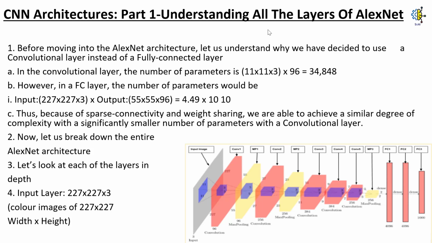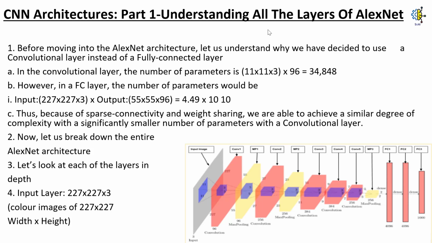However, in a fully connected layer, the number of parameters would be input 227 by 227 by 3 and output 55 multiplied with 55 multiplied with 96. Thus, because of sparse connectivity and weight sharing, we are able to achieve a similar degree of complexity with a significantly smaller number of parameters with a convolutional layer.